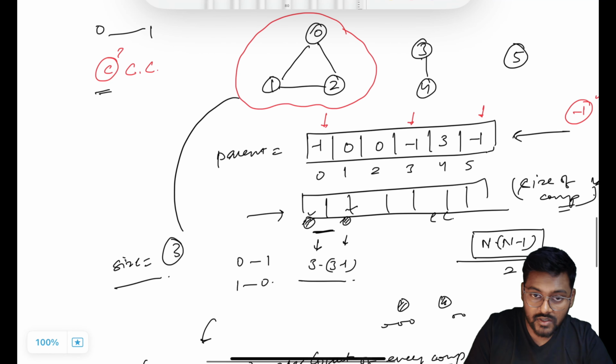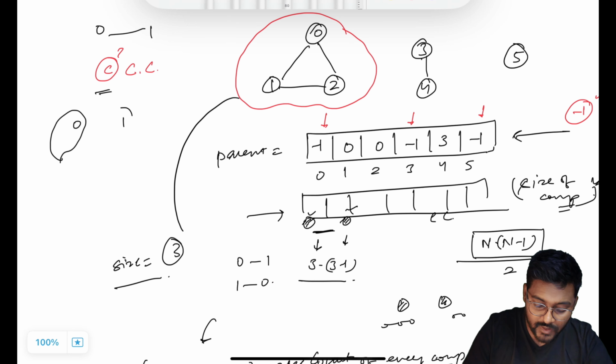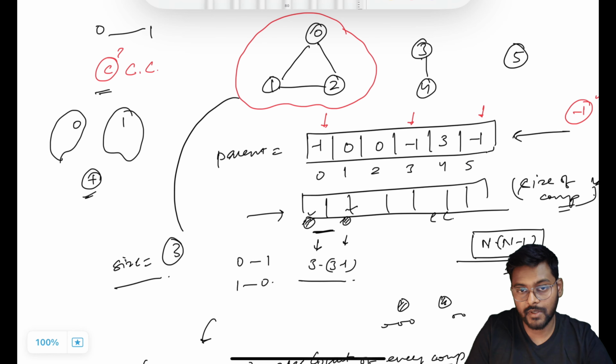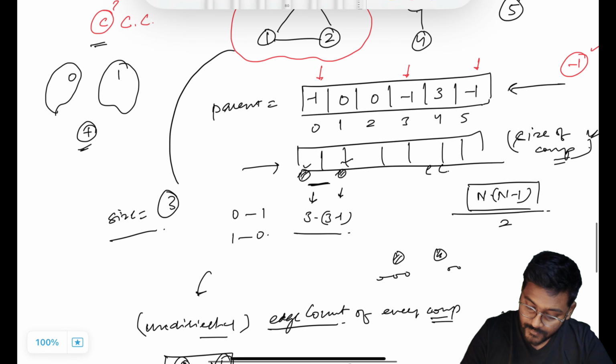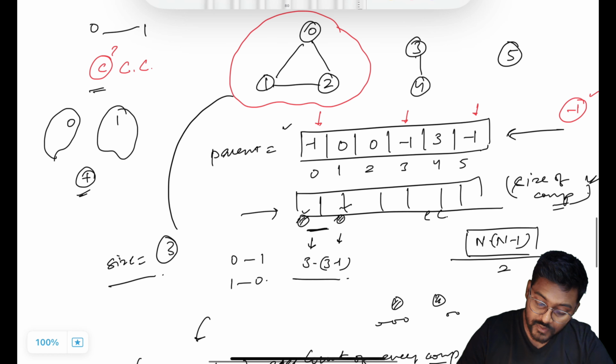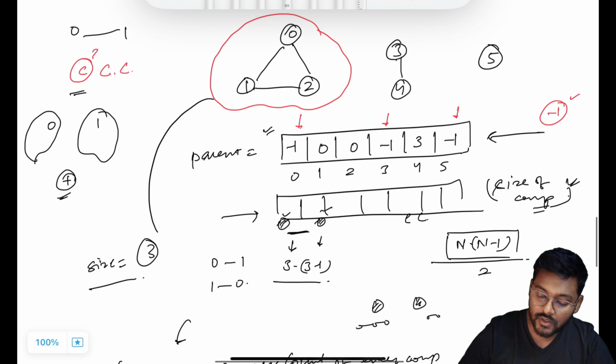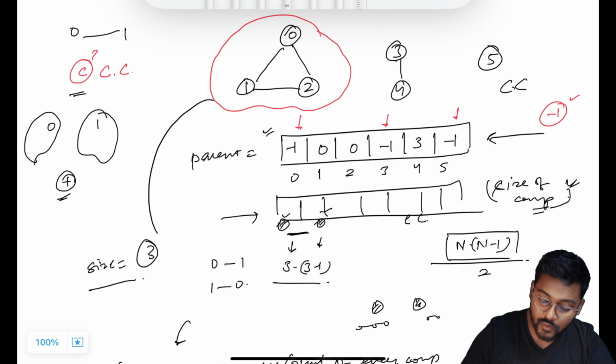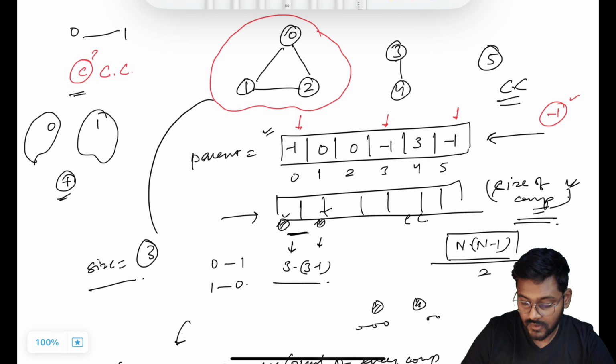Whenever we are merging 2 components, let's say the component with parent 0 and the component with parent 1, the size will be combined into whichever parent you choose. So you prepare the parent array to give all the connected components, and along with that, capture the size of every component.